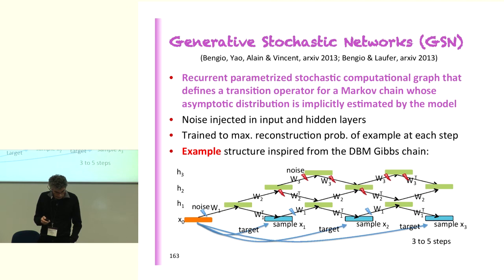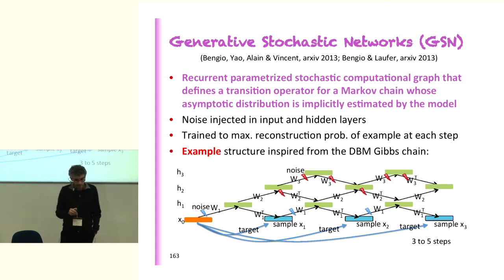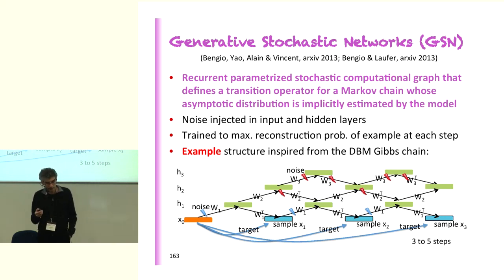And then there is something I invented last year, which generalizes the denoising autoencoders in a different way, called generative stochastic networks.